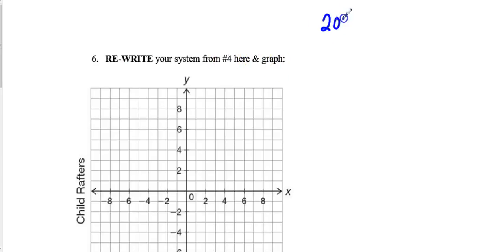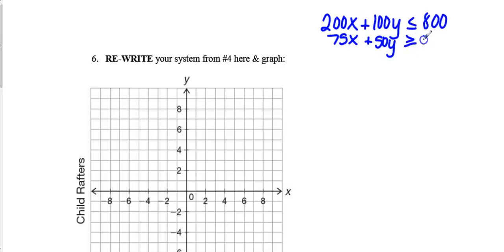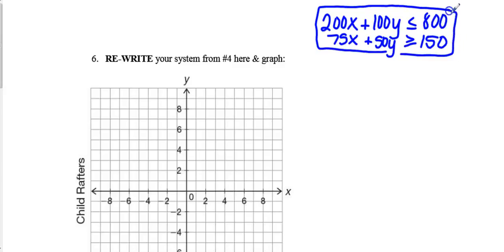It's going to be 200x plus 100y less than or equal to 800, and 75x plus 50y greater than or equal to 150. I literally just copied those from the front page. And maybe just to make these stand out, I'm going to put them in a box. So here's my system for number 6.